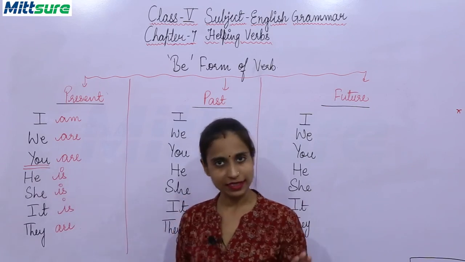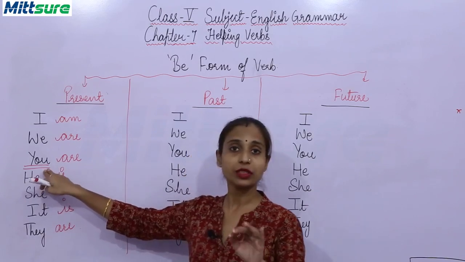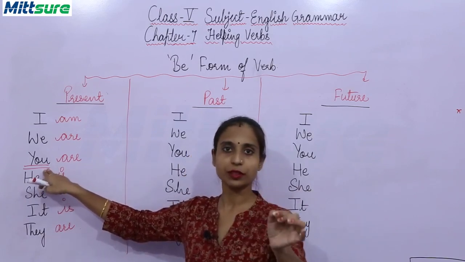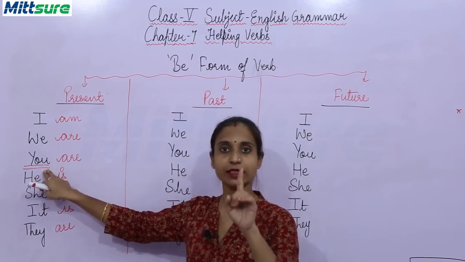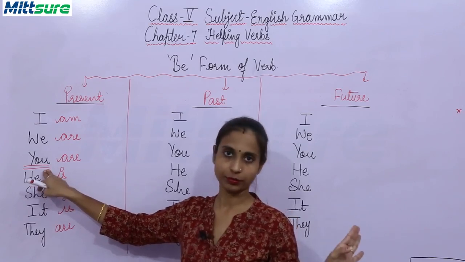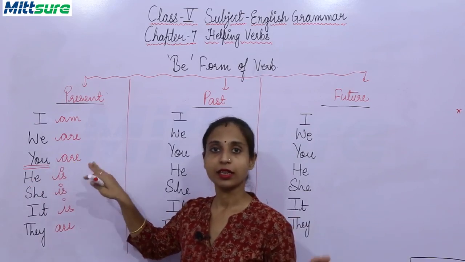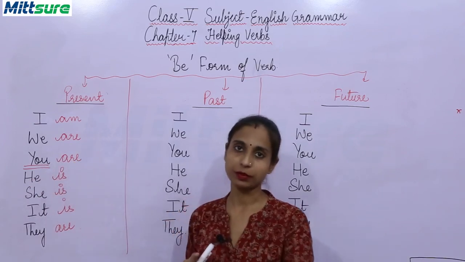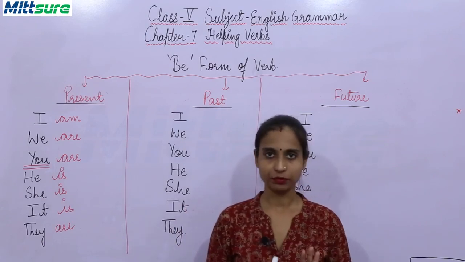So you is exceptional. Even if you are talking to only a single person, you will consider this as a plural pronoun only. With that also you are going to use are. It doesn't matter whether you are talking to a single person or many people at a time.